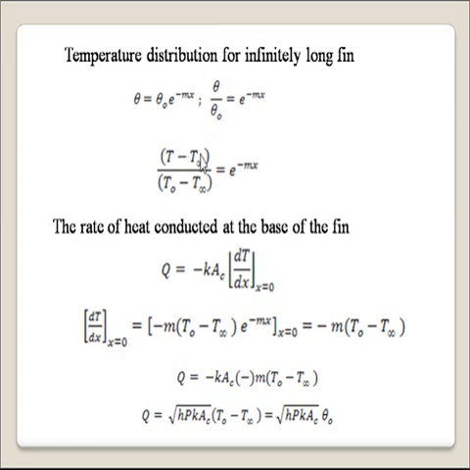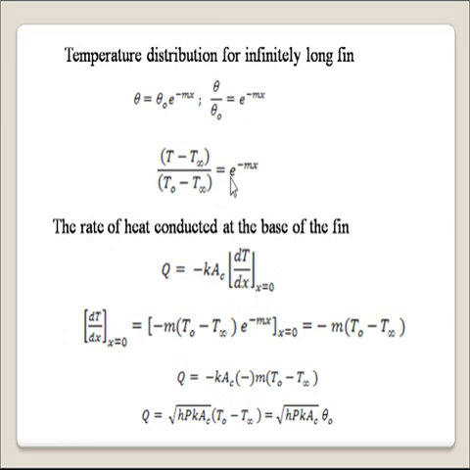Theta is T minus T infinity, theta naught is T naught minus T infinity, which is equal to e raised to minus mx. So this gives the temperature distribution, where m is a parameter equal to root of hP upon kA, and x is the fin length. The equation gives the temperature distribution for an infinitely long fin.